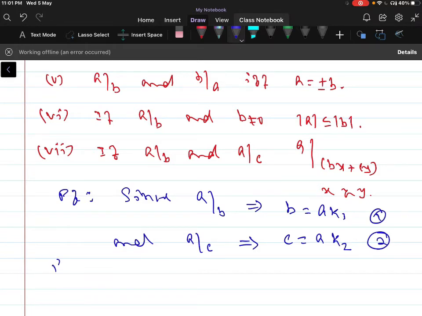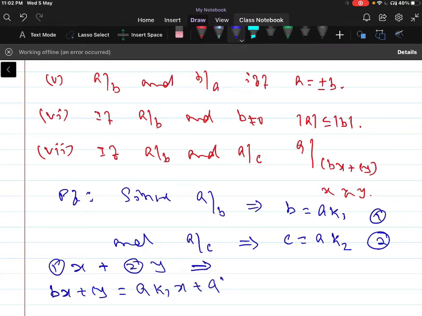Multiplying equation 1 by x and equation 2 by y implies bx plus cy is equal to a into k1x plus a into k2y for some integers x and y.